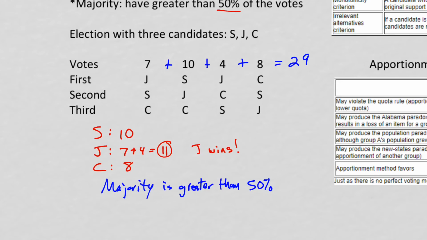And so half, or 50% of 29 would be 14.5. So we need 15 votes to have a majority, and we do not have it. Okay, so J wins. He has 11, but not with a majority.